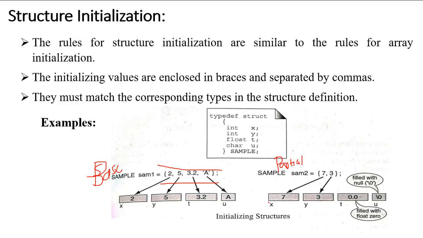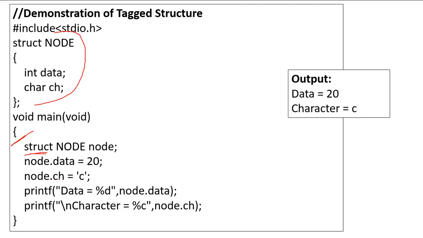There are two ways in which we can do the initialization when you declare the structure variable. If you want to do the initialization where you declare the structure variable, we have two different ways. One is basic and the other one is partial initialization. Apart from these two, we have another initialization technique that we have already seen, using the dot operator.